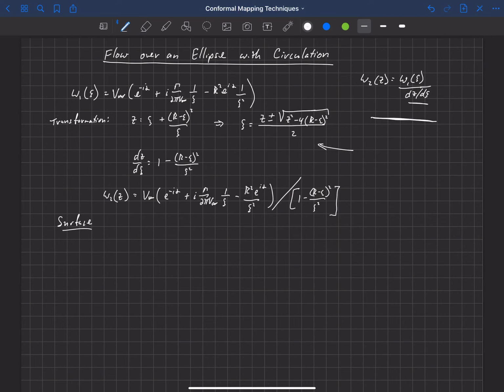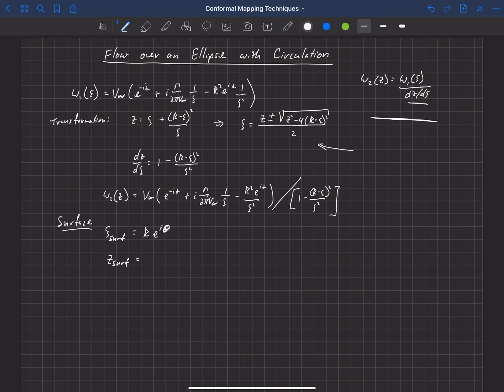We're going to say that the zeta surface was equal to r e to the i theta. So that's just the surface of the cylinder in the zeta plane. And we can use this transformation to find out what the z surface looks like. What I'm doing here is just plugging zeta surface into this equation to solve for z surface.